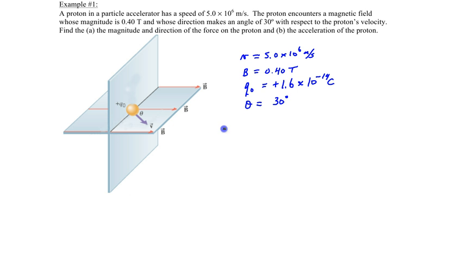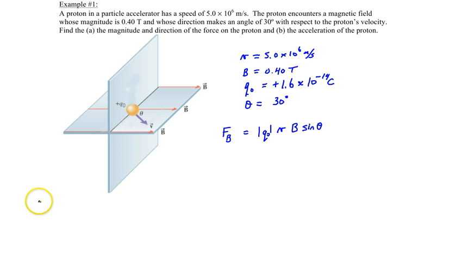The formula for the magnetic force is F_B equal to the magnitude of the charge q, times the velocity, times the magnetic field, times the sine of the angle between the velocity and the magnetic field.